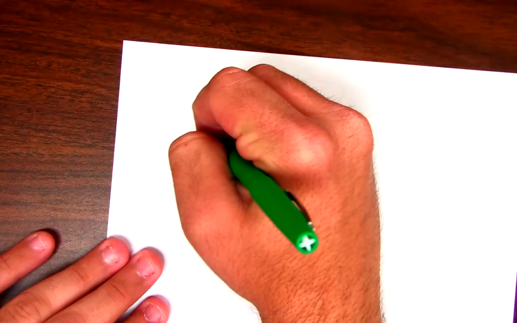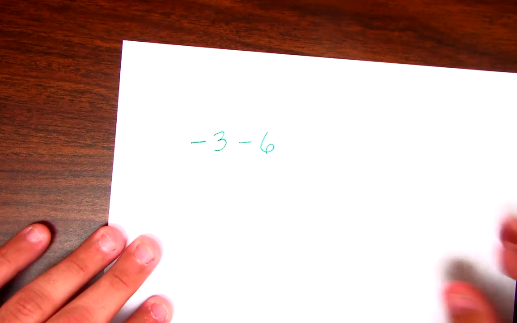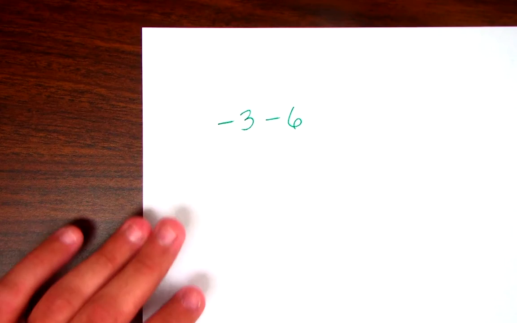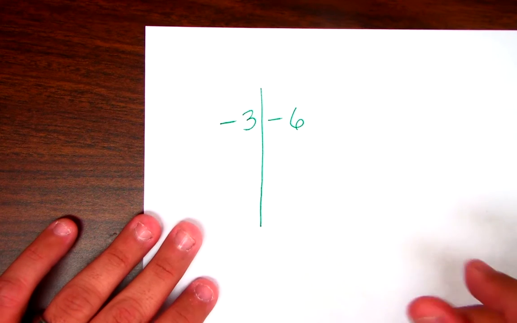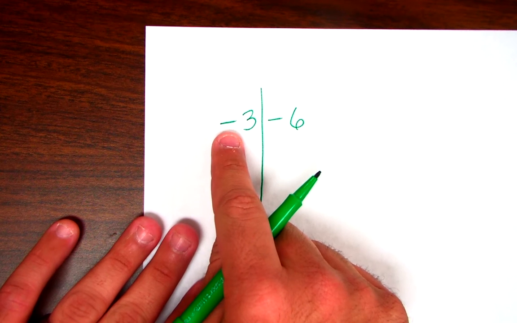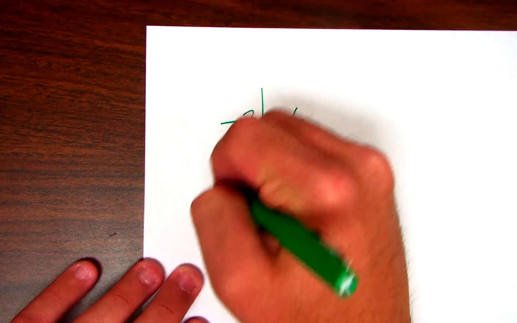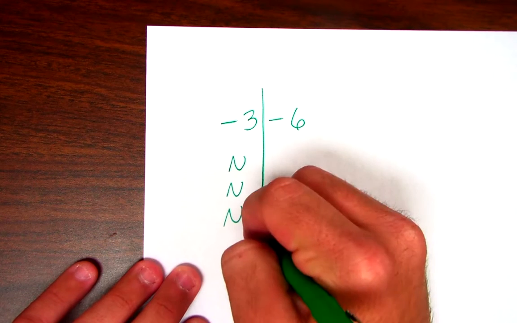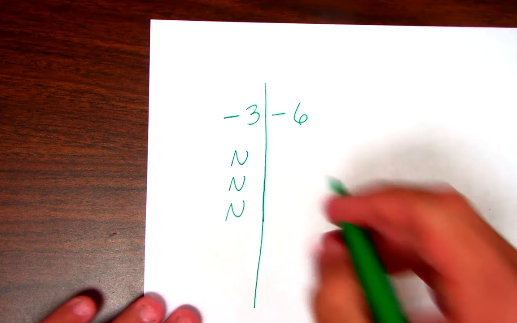This time let's do -3 plus -6. Again, separate out each term. Well, on the left side it says I have 3 people with negative attitudes. So let's go ahead and label them with an N. On the right side here, it says I have 6 people with negative attitudes.